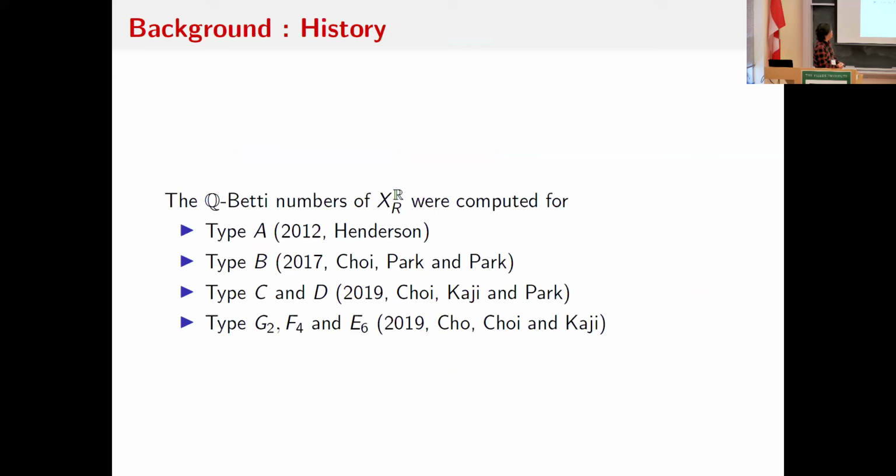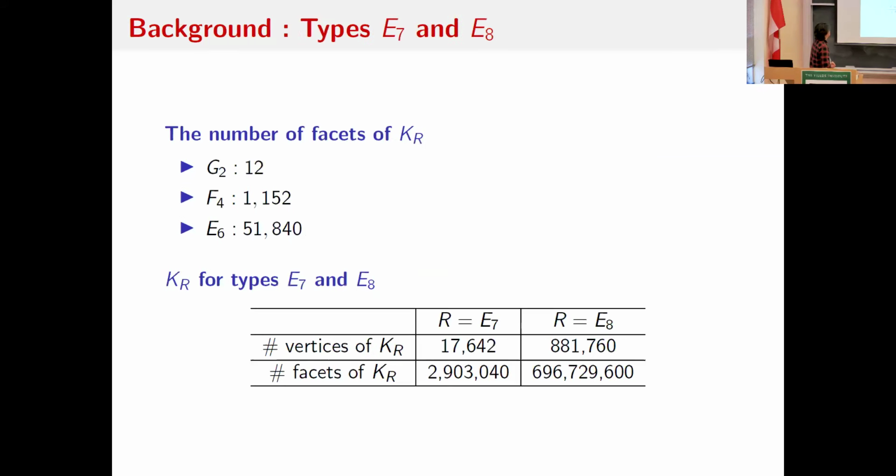The rational Betti numbers of real toric varieties associated with the Weyl groups were computed for all classical types A, B, C, and D, and for several exceptional cases: G2, F4, and E6. So only two cases remained, E7 and E8. These are the numbers of facets of the Coxeter complex for exceptional cases.